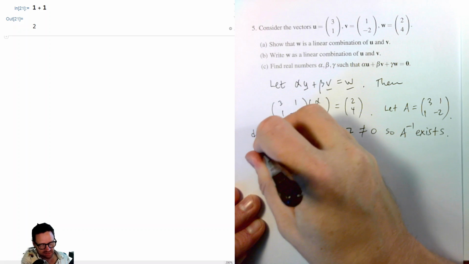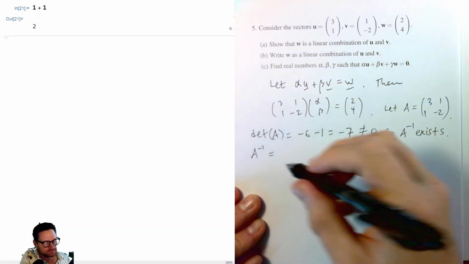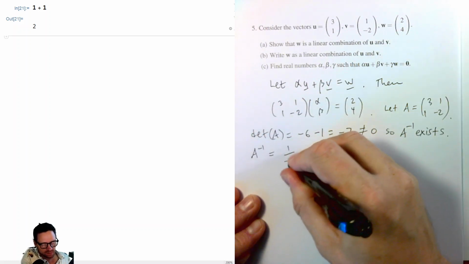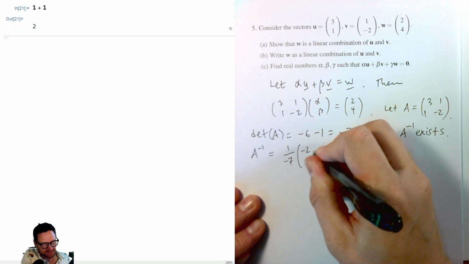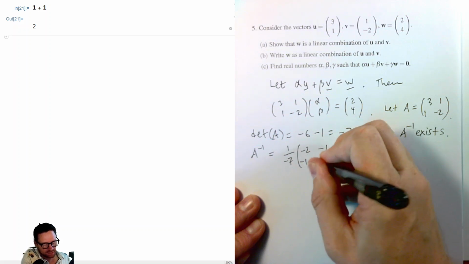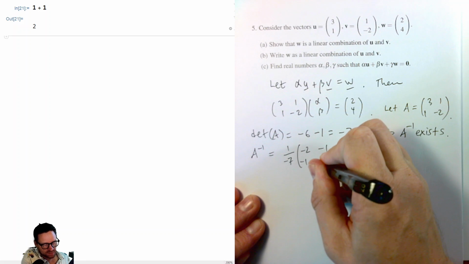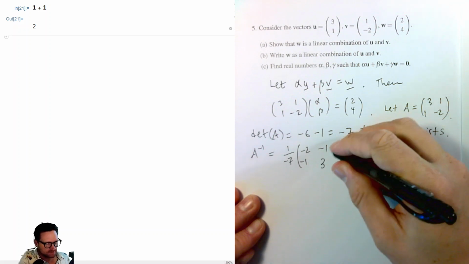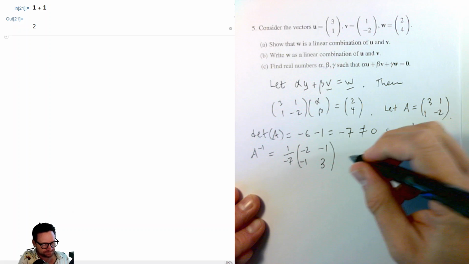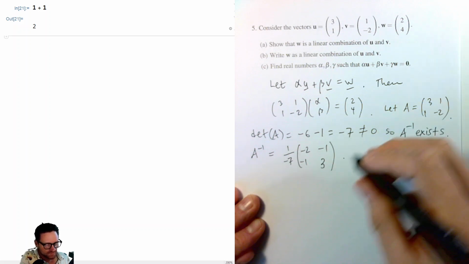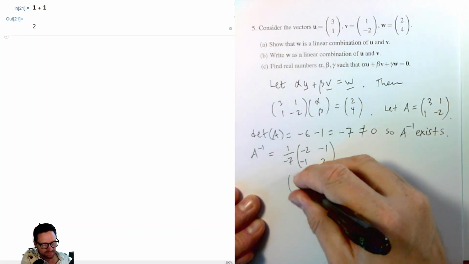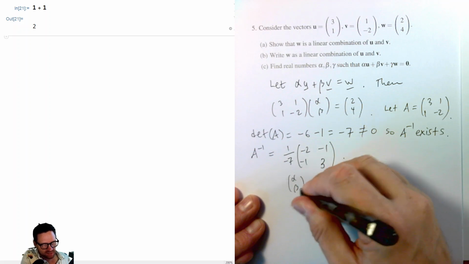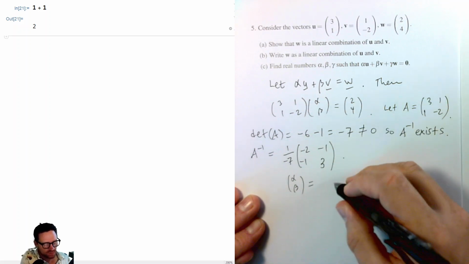Let's actually find it. 1 on minus 7 times minus 2, minus 1, minus 1, 3. And so hence alpha, beta is A inverse times 2, 4.